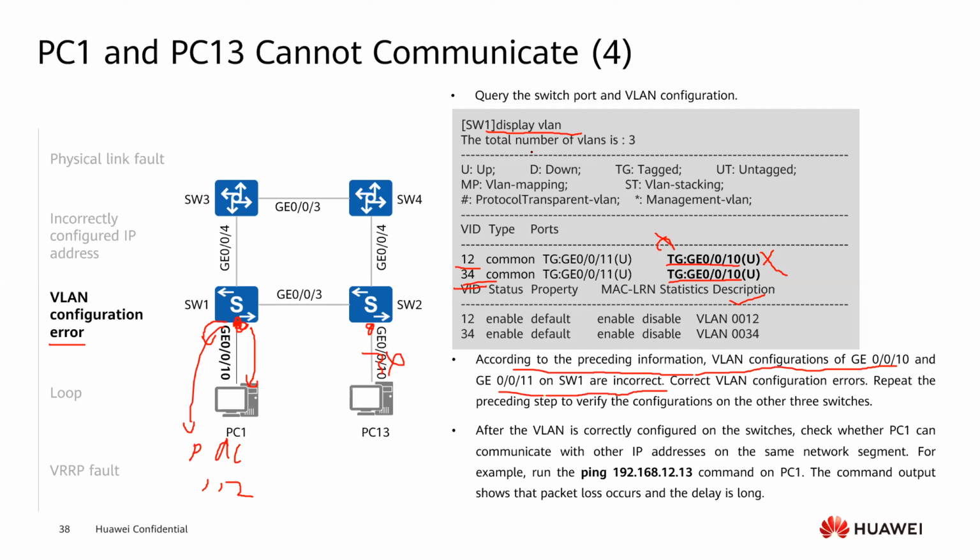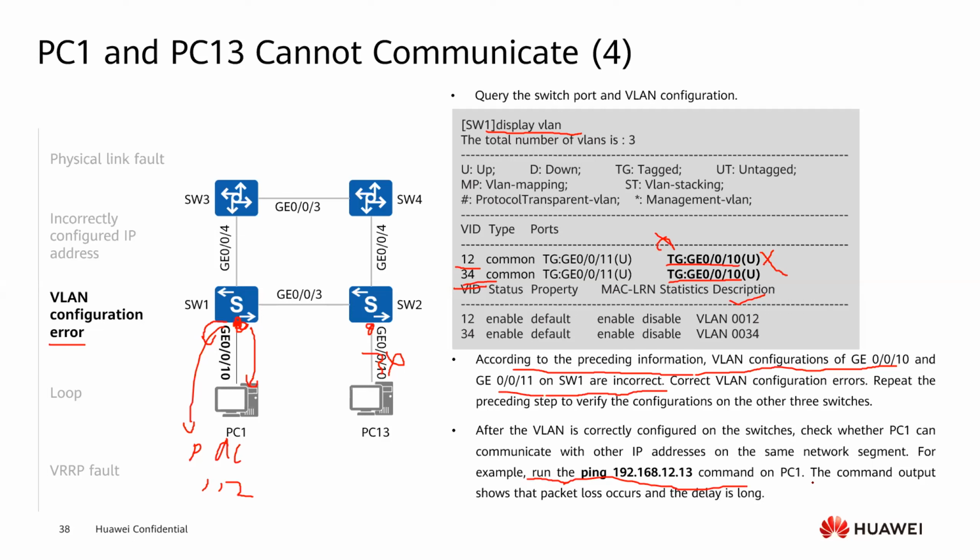After we correct the VLAN configuration, we check whether the fault is rectified. We run the ping command on PC1.